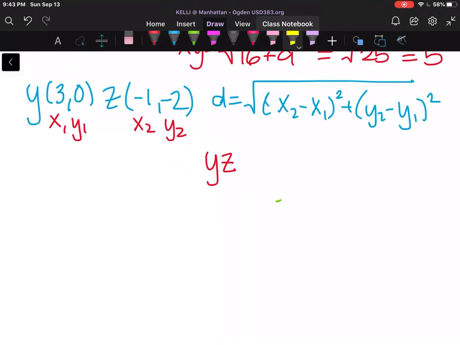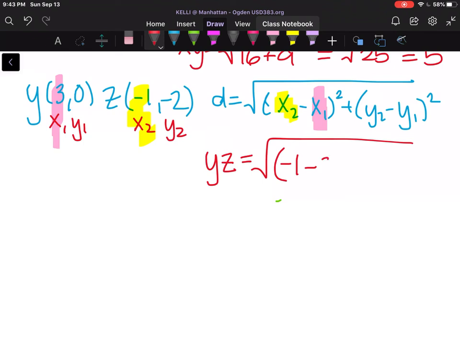So my first thing I need to plug in here is x2. Well, we said x2 was -1. So -1 minus x1. Well, x1 here we labeled as 3. So minus 3 squared plus y2. Well, y2 we labeled as -2.